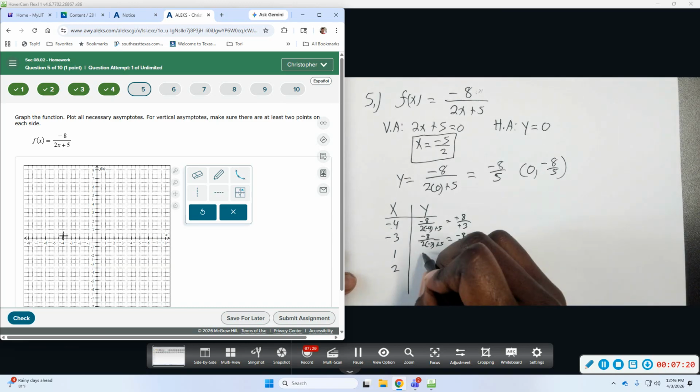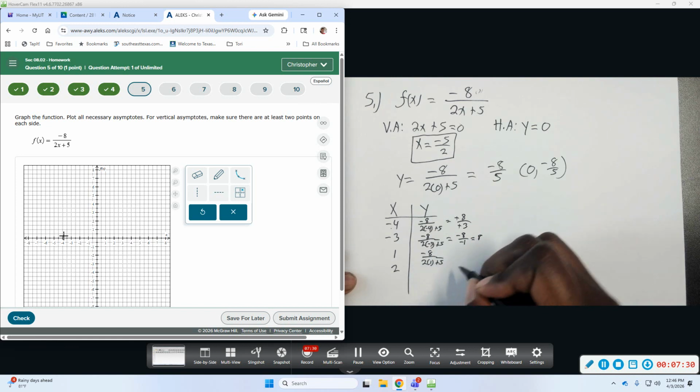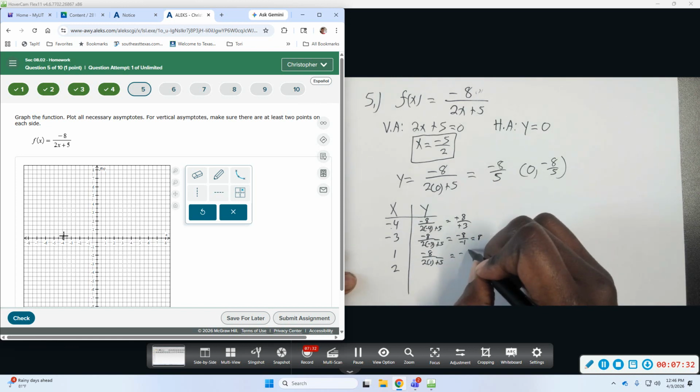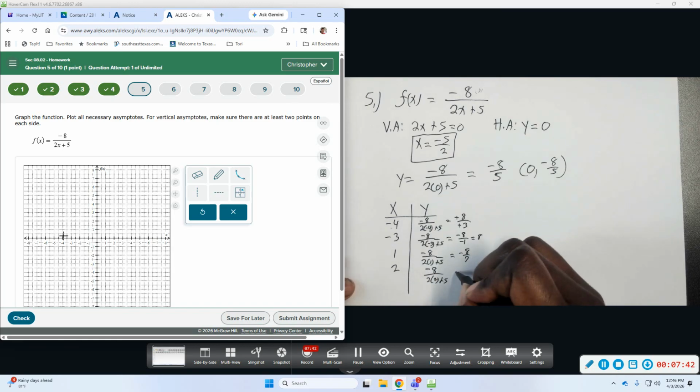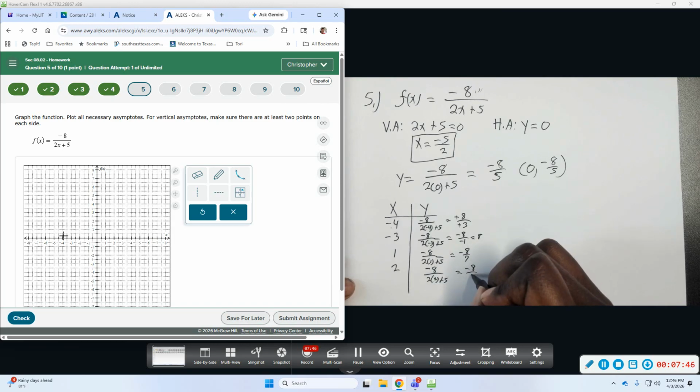Plugging in a 1, -8 over 2 times 1 plus 5. This will give me 7. So -8 over 7. And then when we do 2, -8 over 2 times 2 plus 5, give me a -8 over 9.